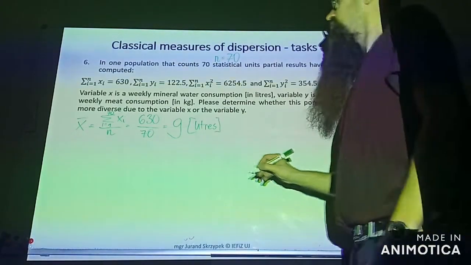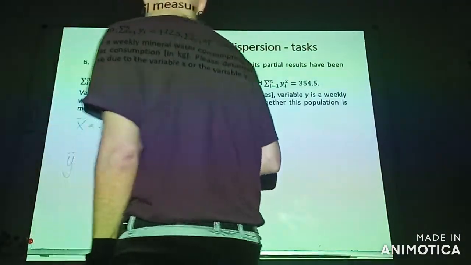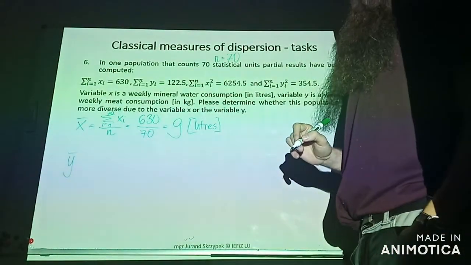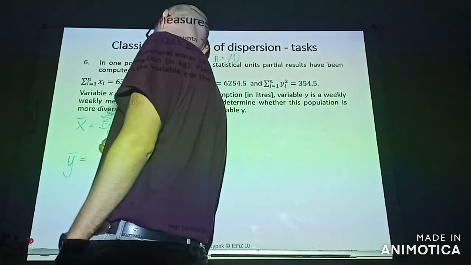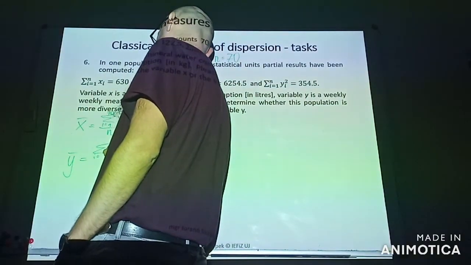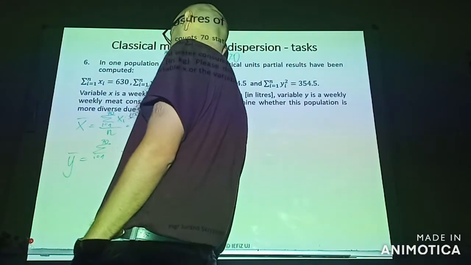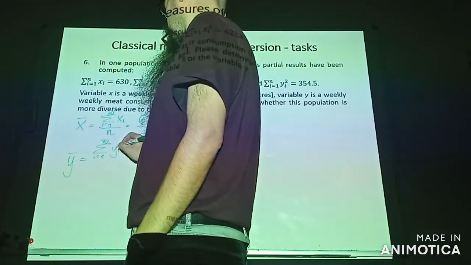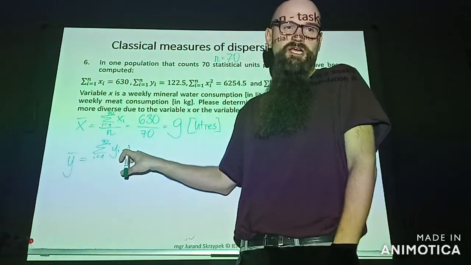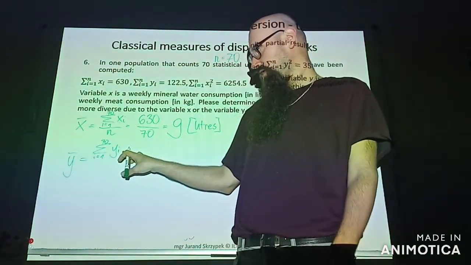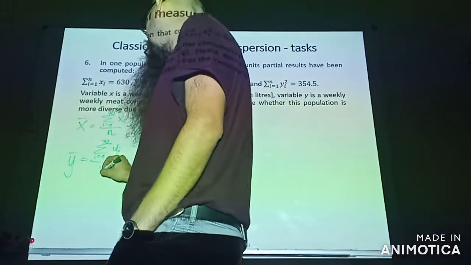All right, of course we can also compute the average weekly meat consumption in this population. I need to divide the sum of meat consumption of every statistical unit by n.